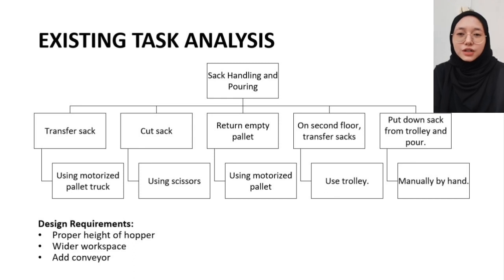On the second floor, the worker needs to transfer sack using a trolley and pour into the hopper manually. The design requirement is a proper height of the hopper at the conveyor as the transportation.